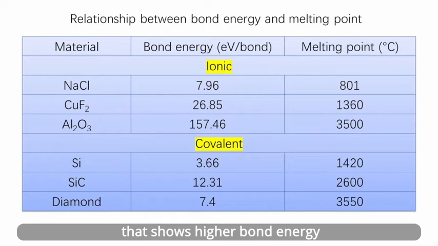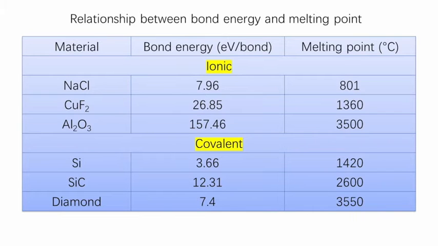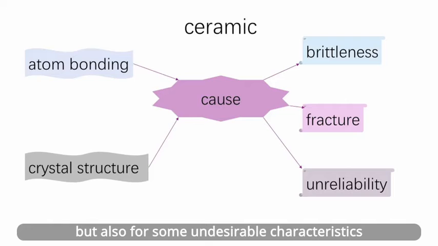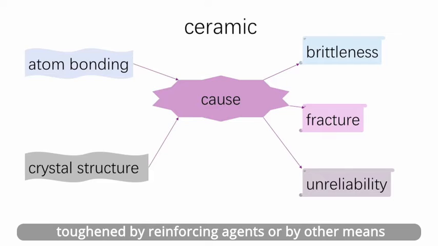That shows higher bond energy, for both ionic and covalent bonds, leads to a higher melting point, but also to many undesirable characteristics, foremost being brittleness, which leads to fractures unless the material is toughened by reinforcement agents or by other means.